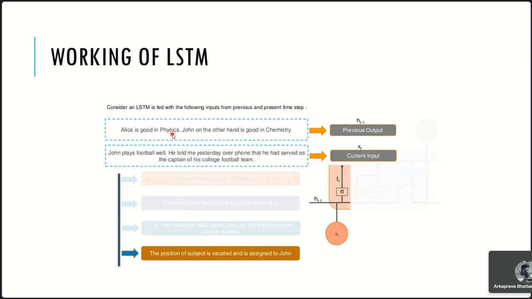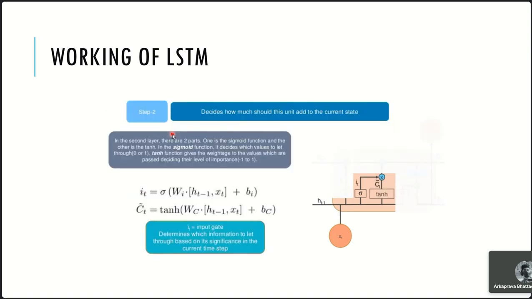Now let's look at the second step. Now we have got the information that John is the context that we are trying to understand. So step 2 decides how much should this unit add to the current state. In the second layer, there are two parts.